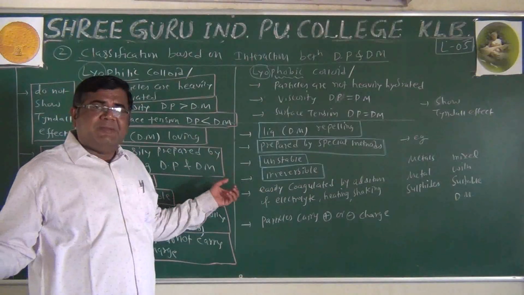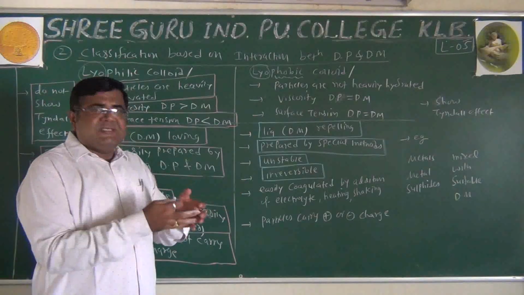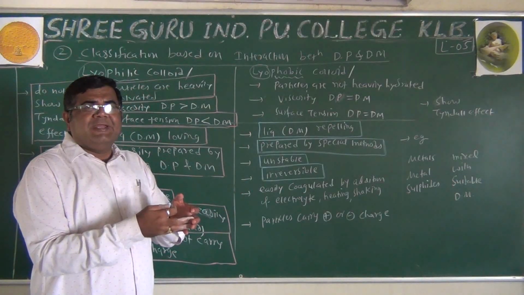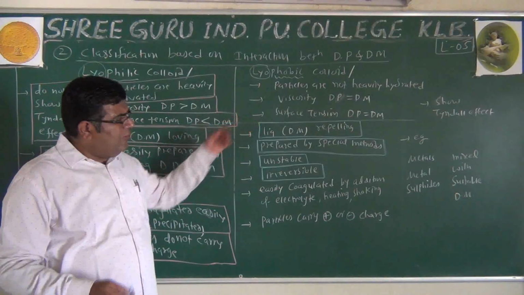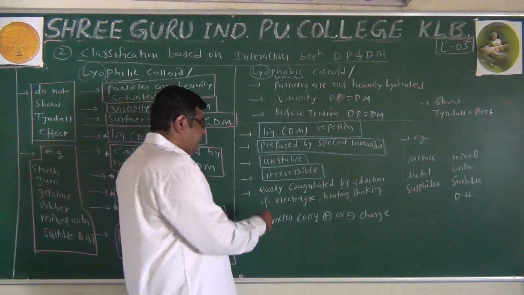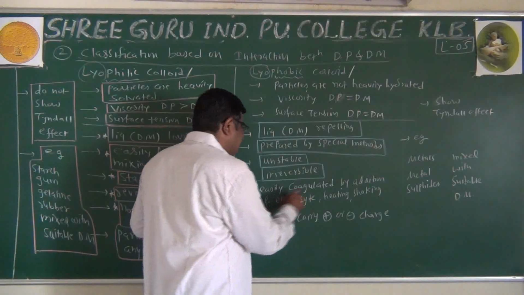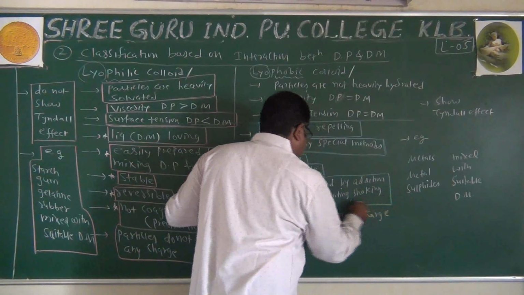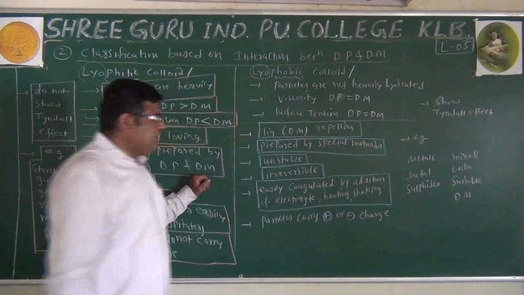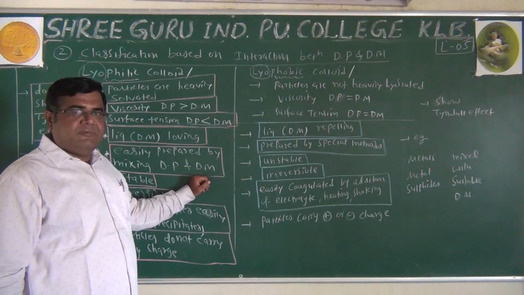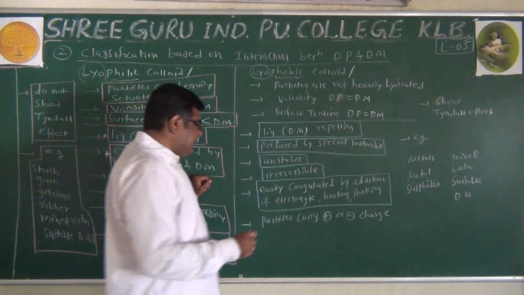Once DP and DM are mixed up, just by mixing them we will not get the colloid again. We have to go for special methods again. Easily coagulated by addition of electrolyte, heating or just mechanical shaking.